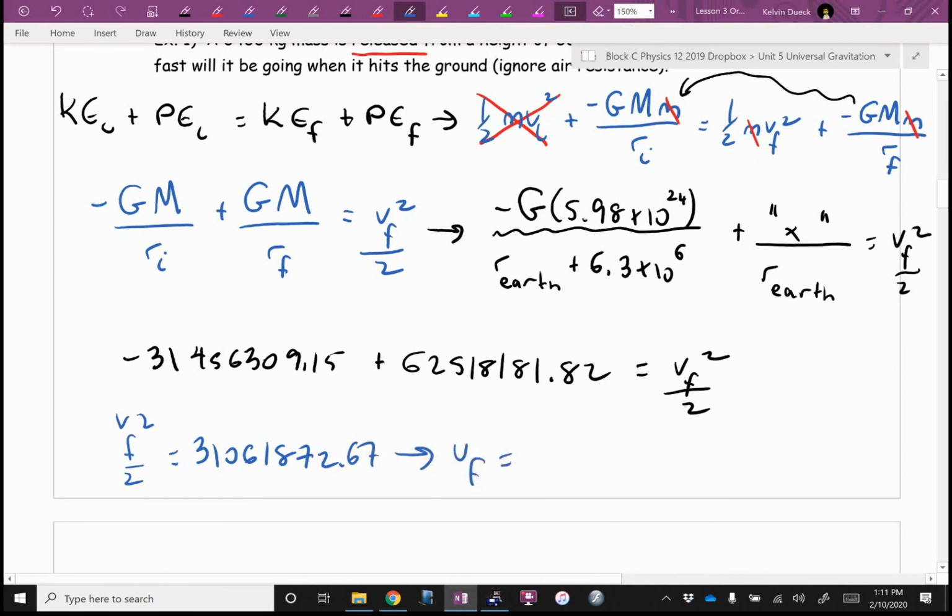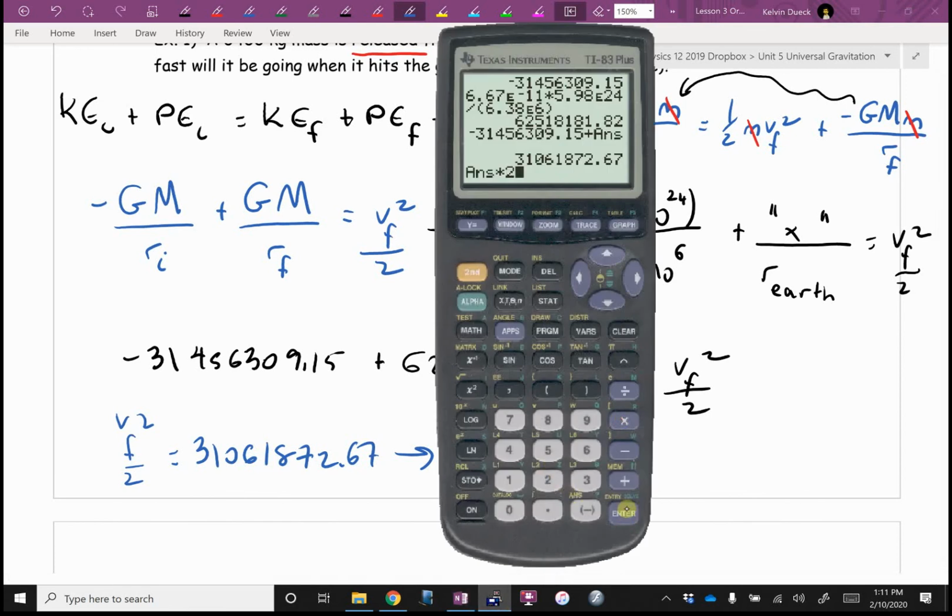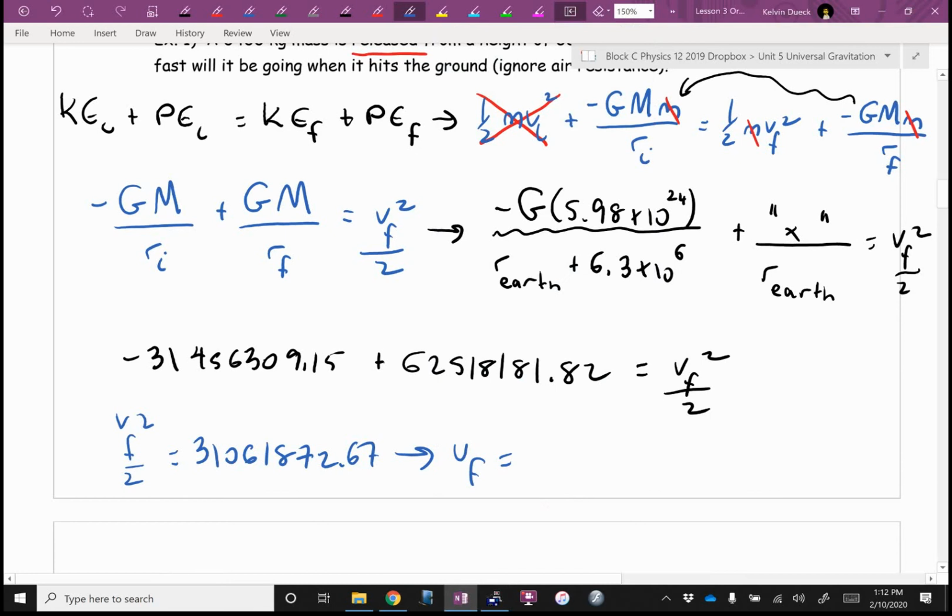Caleb, you get the finish. How would I get the V by itself? Times 2, then square root answer button. I get 7,880 meters per second. Which is pretty fast. It'll do damage.